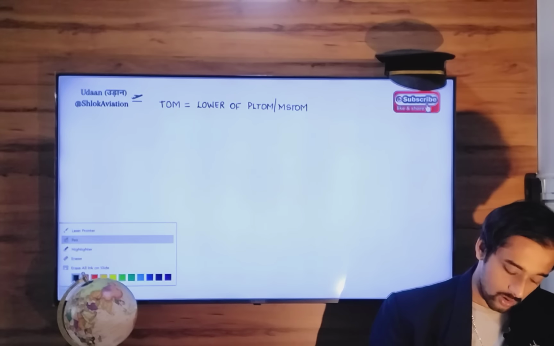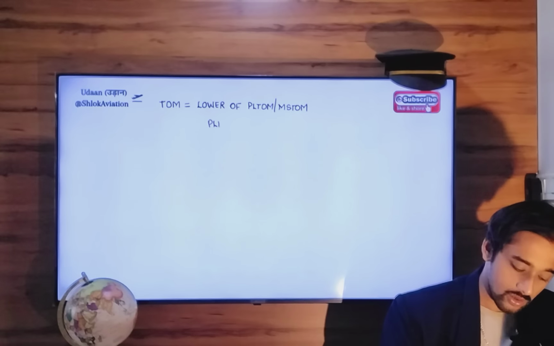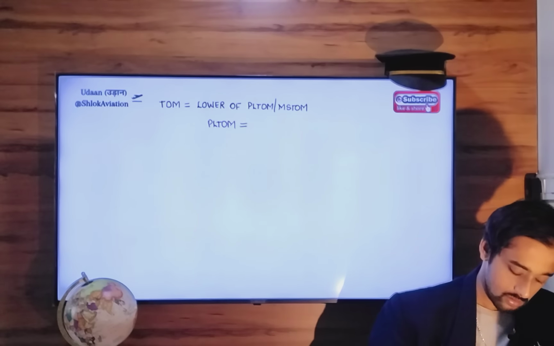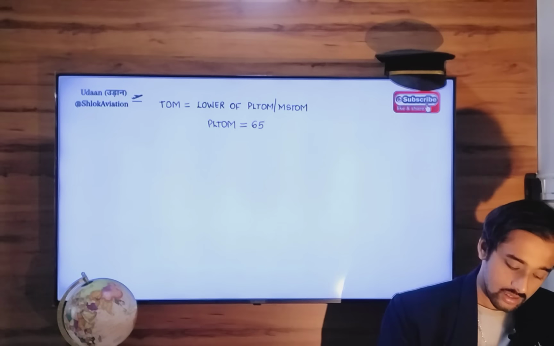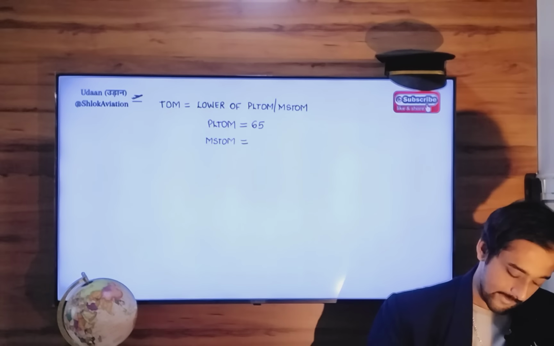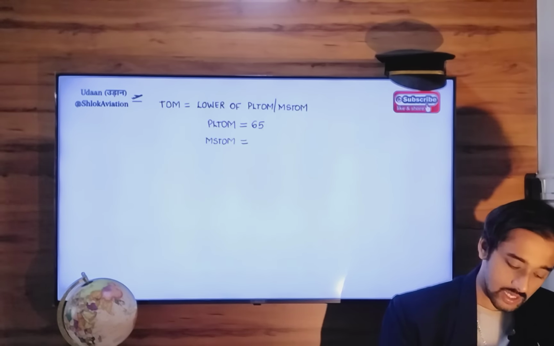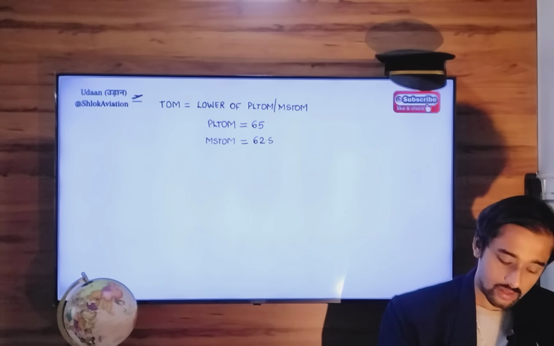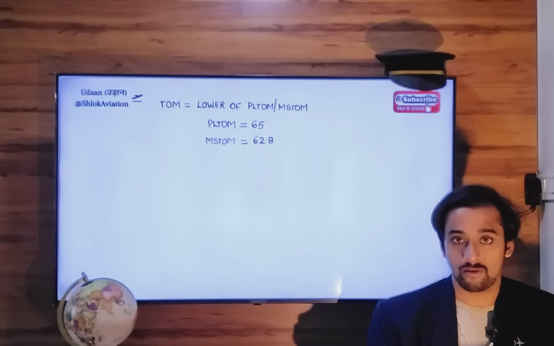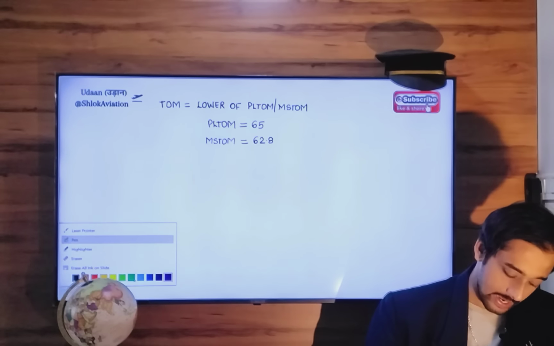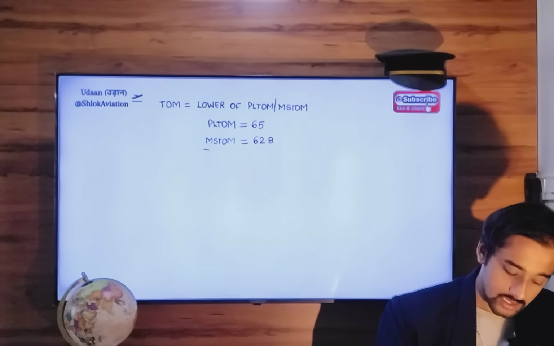Now we have performance limited takeoff mass equal to 65,000 kg, maximum structural takeoff mass equal to 62,800 kg. Okay, so between them 62.8 is the lower value.